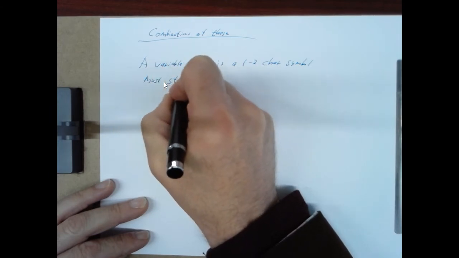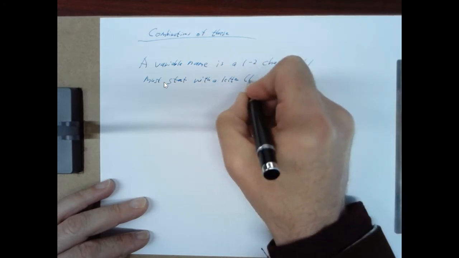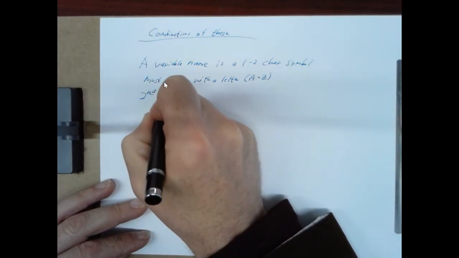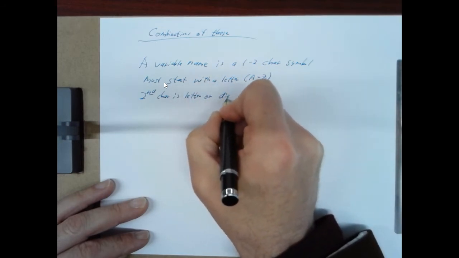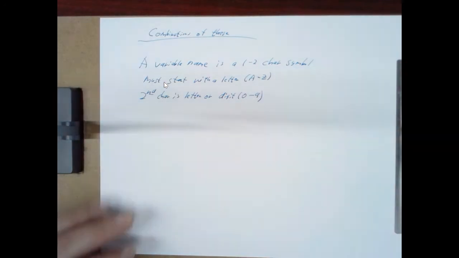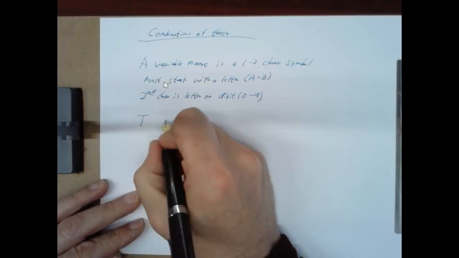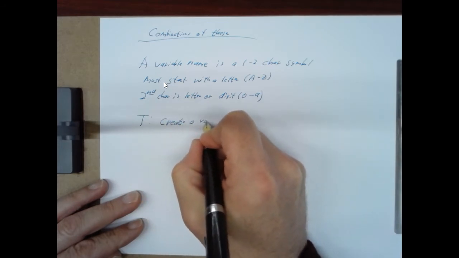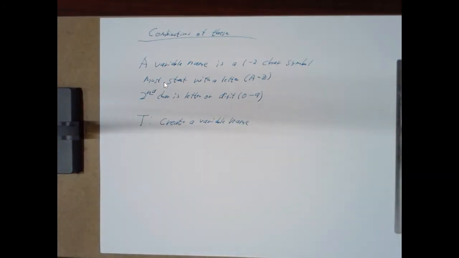Must start with a letter, which is A through Z. Second character is a letter or a digit. So your task T is create a variable name. Right, our question here is how many variables are possible?